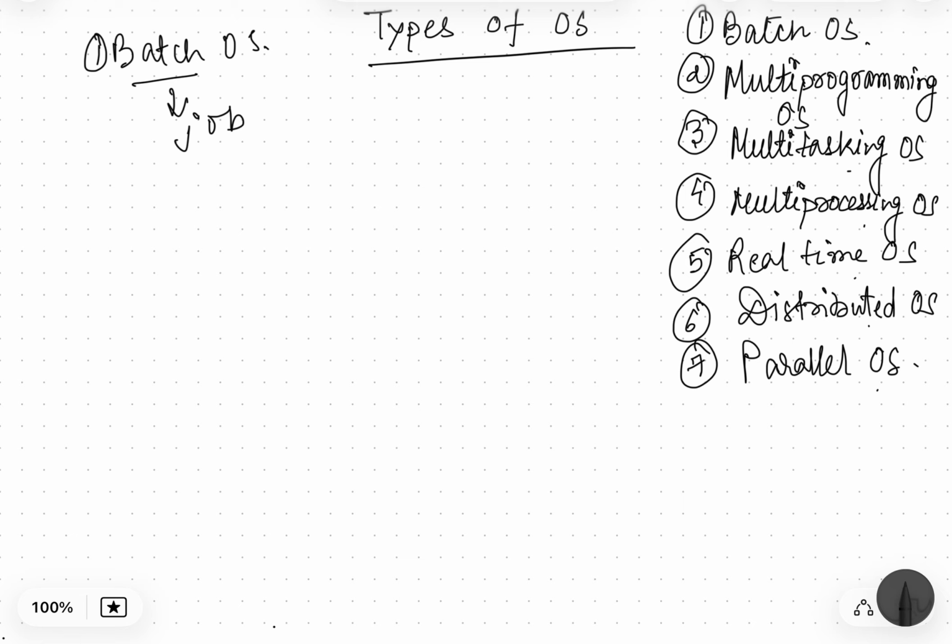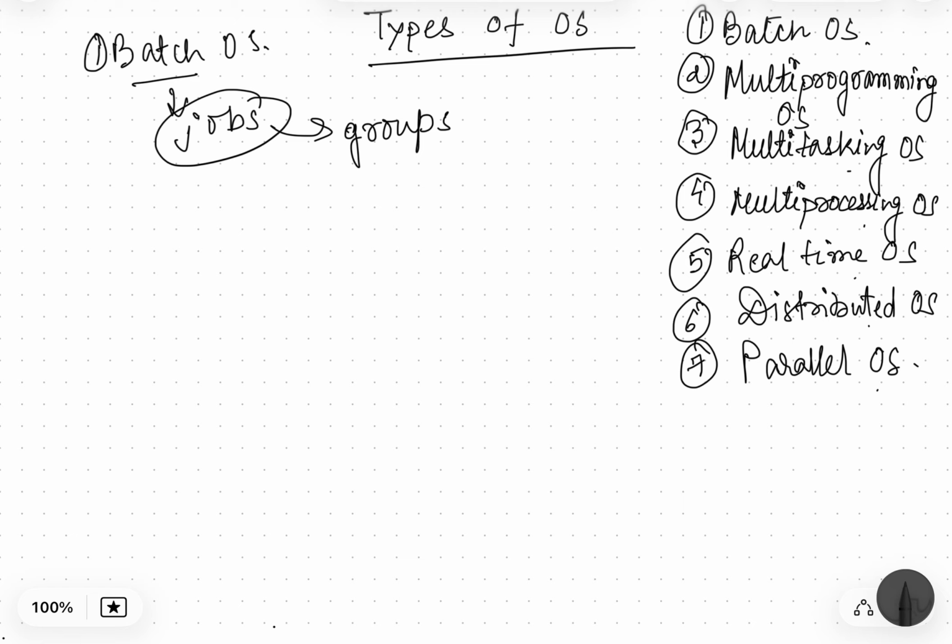What a batch processing OS does is execute jobs in groups. There are various jobs that are created in batches, and it executes these jobs in groups, without any direct user interaction.